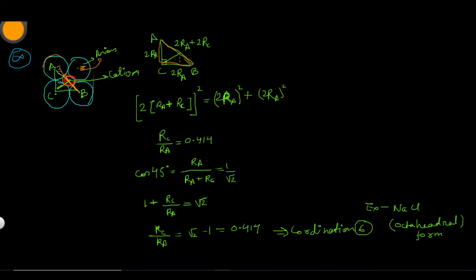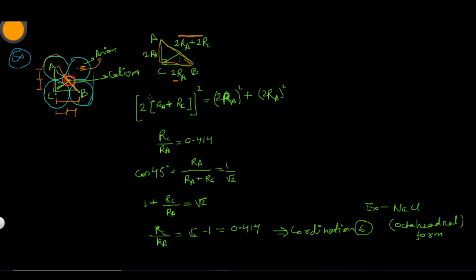So it is 2 radius of anion and 2 radius of cation. So distance AB is 2RA + 2RC. Similarly, distance AC is radius of 2 anion, so 2RA. Similarly, distance CB is 2RA.